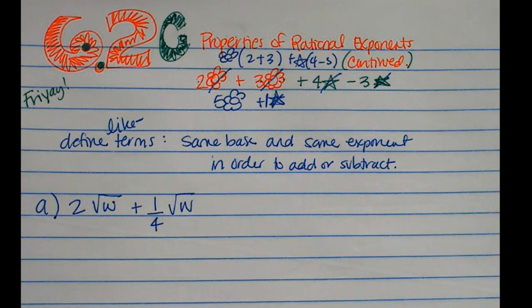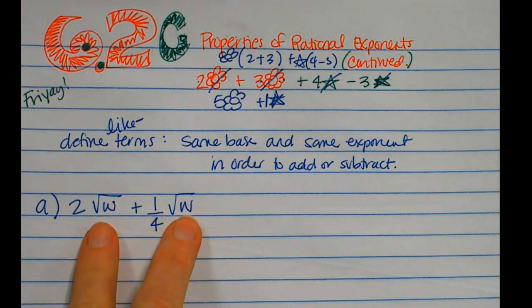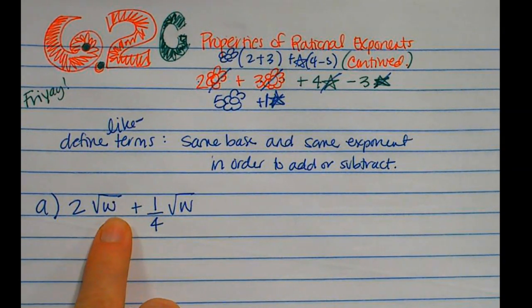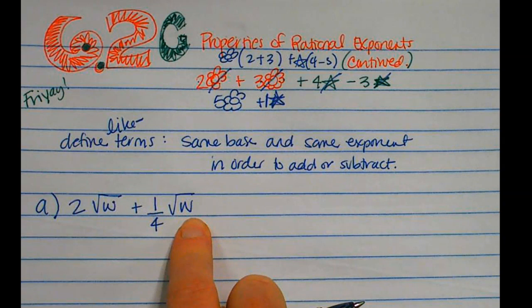And coefficients mean how many you have of something. It's the number in the front. We've always sort of defined it as the number in the front, but it really means the quantity of whatever follows it. So in this case, what follows is the same exact thing. The base is w, and its power is square root, or you could say 1/2. This one's got a base of w and a power of 1/2.